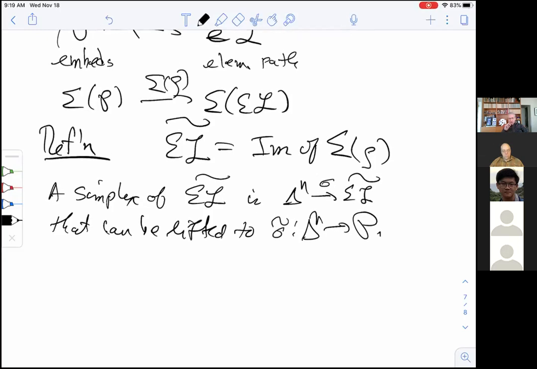If you think about what's happened to pi naught, I did this last time, but I'll say it again. Pi naught of EL is the points of EL with an equivalence relation.